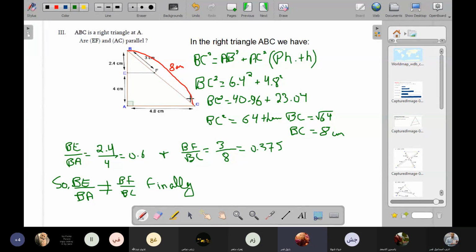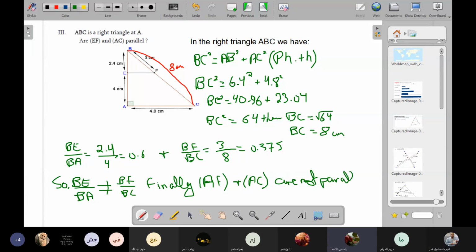That EF and AC are not parallel. Finally, EF and AC are not parallel because we couldn't apply the converse of Thales theorem.